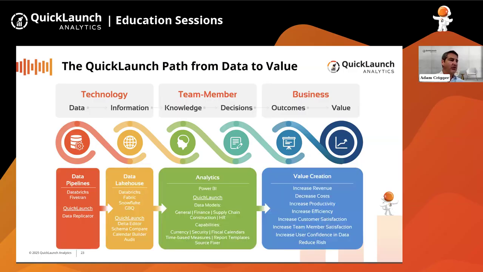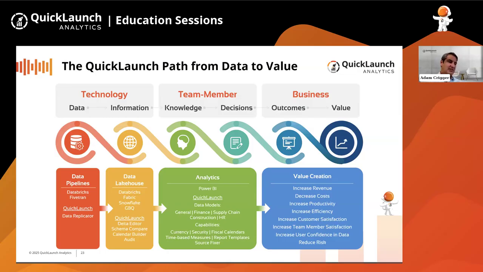So tying that to the bottom portion of the slide, you can see how, from the technology side, we feed data from various sources through consistent data pipelines into a lakehouse. The lakehouse is where you do that translation and transformation and figure out what you need to pull together and how to structure data so it's analytics ready.